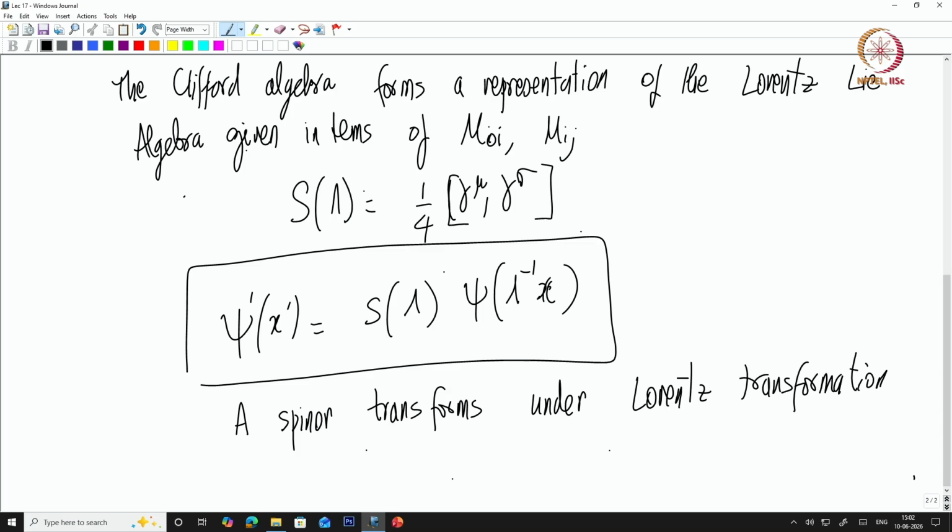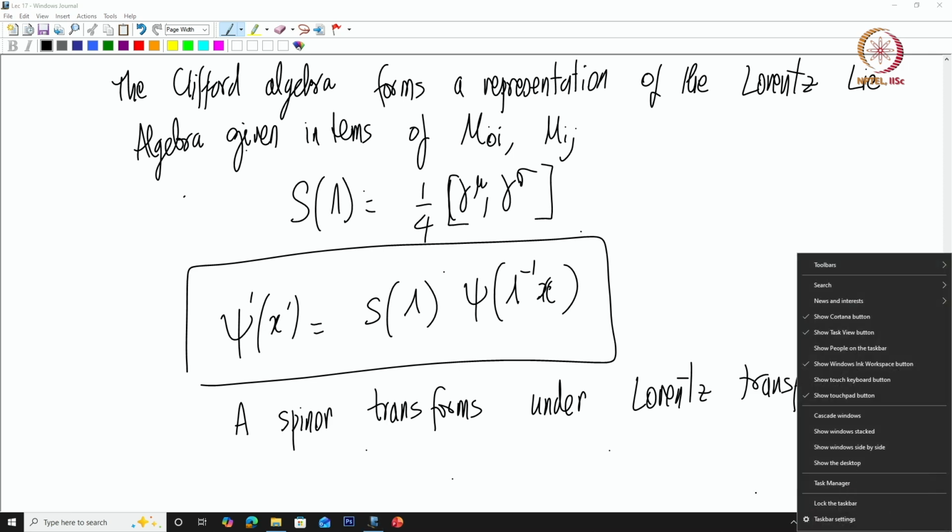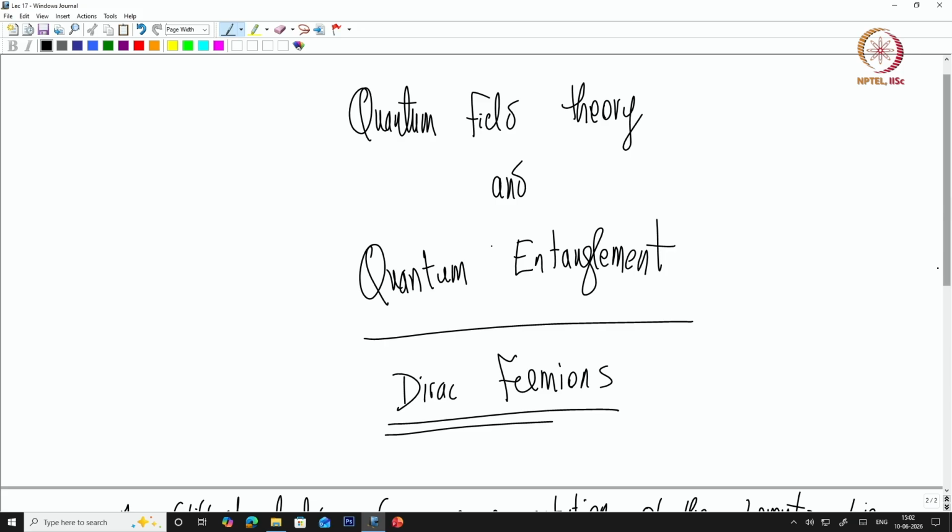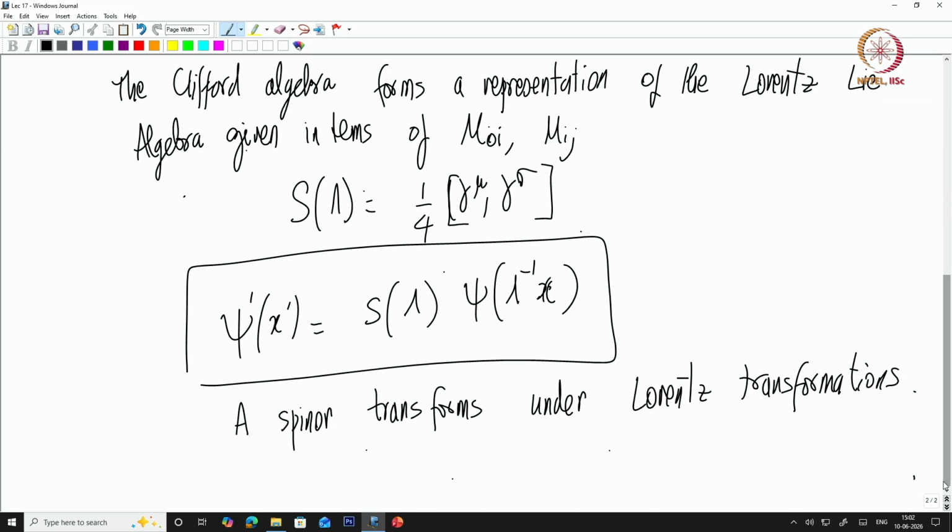Normally what we do is start with the Dirac equation and then ask how it transforms under the Lorentz transformation. But in this class I have done the complete converse. I say that there are these algebras which form a representation of the Lorentz group, and from there I can define spinorial vector spaces and how they transform under the Lorentz transformations.